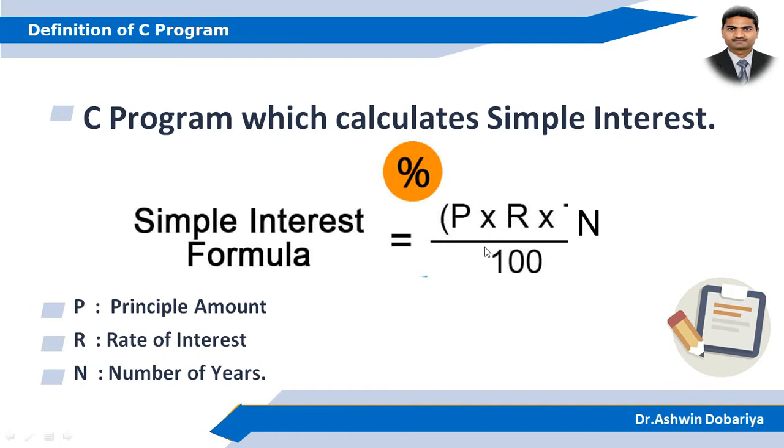Whatever answer is generated by this formula will be stored in one more variable, which will store the simple interest. In that way we can identify the list of variables to calculate the simple interest.